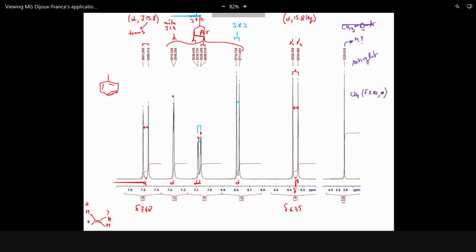So if I put here the proton here, which is a doublet ortho, this is it. Where should I place the other two protons?